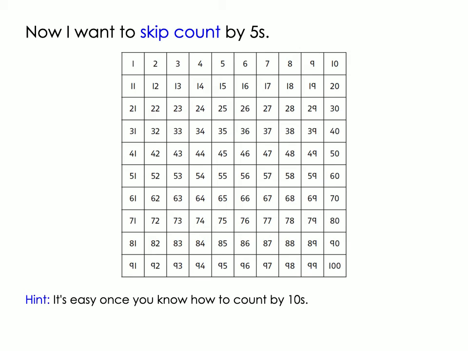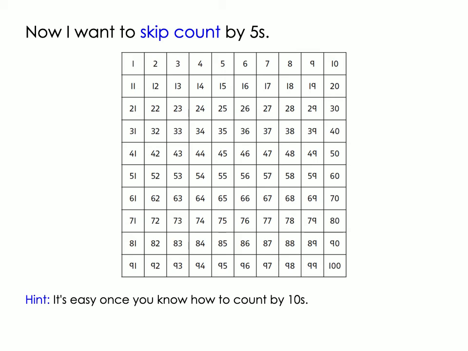Let's count by fives. 5, 10, 15, 20, 25, 30, 35, 40, 45, 50, 55, 60, 65, 70, 75, 80, 85, 90, 95, 100. If you want to pause this video and practice on your own, please do that.